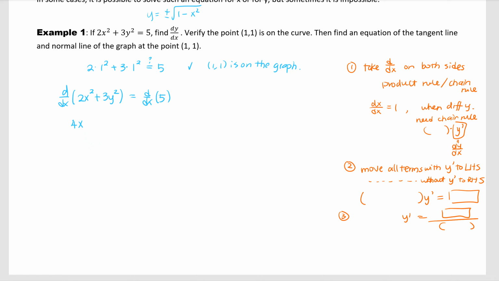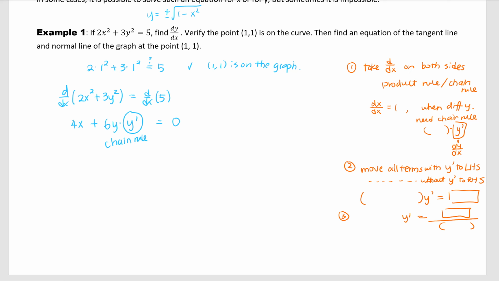But when you differentiate the y, it's 3 times 2y, so 6y. After you differentiate, you need to multiply by y prime because of the chain rule. So when you differentiate y, whatever you get, you need to multiply by y prime. And the derivative of 5 is 0.